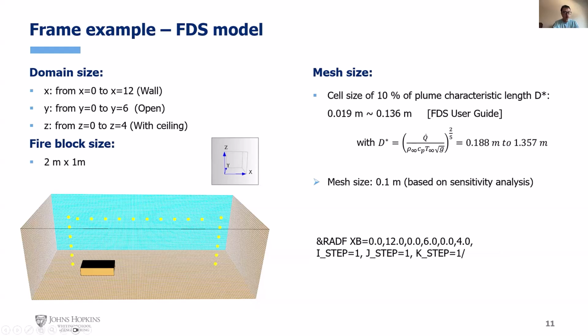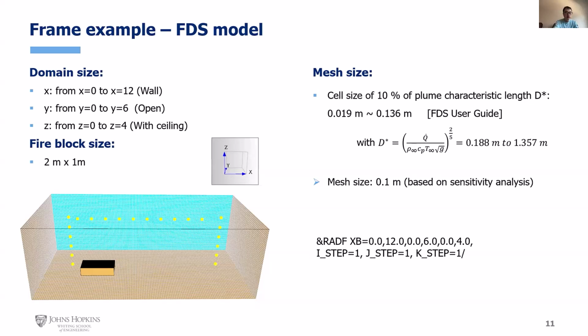So the first step is to choose the domain size. It needs to be noted that, as Thomas said before, the coordinates of the FDS model must be consistent with the coordinates of the structure model in SAFIR. So here, again, the domain size of the FDS must be larger than the size of the structure model to make sure every point of the structure model can have corresponding thermal results from the FDS model.